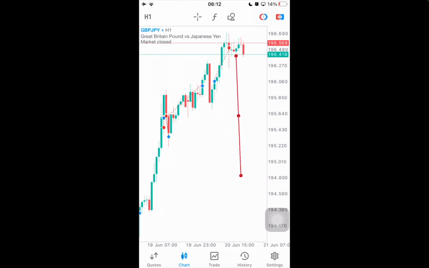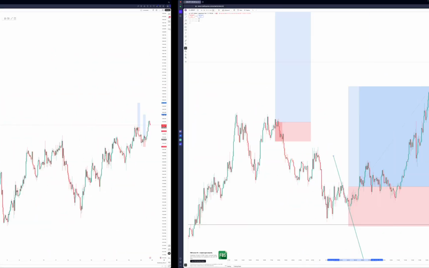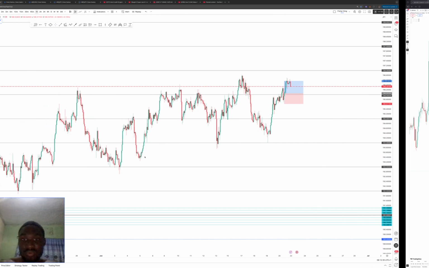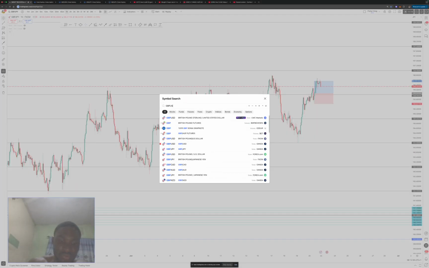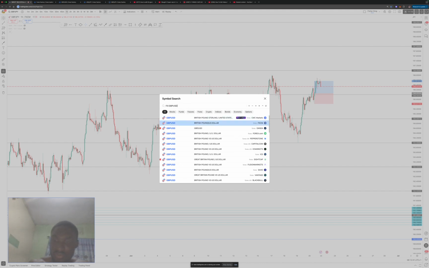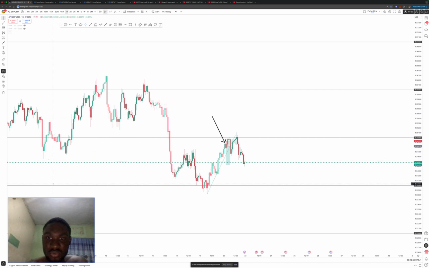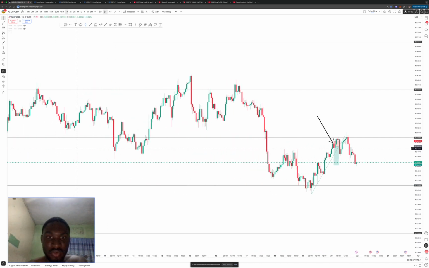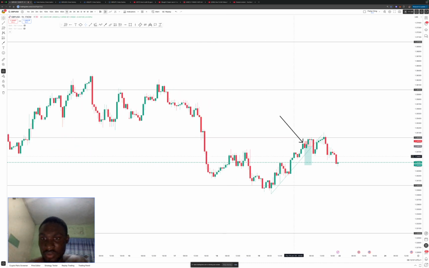So what made me start saying that these psychological levels don't work is because on GU, GBP USD, I also thought of buying here.